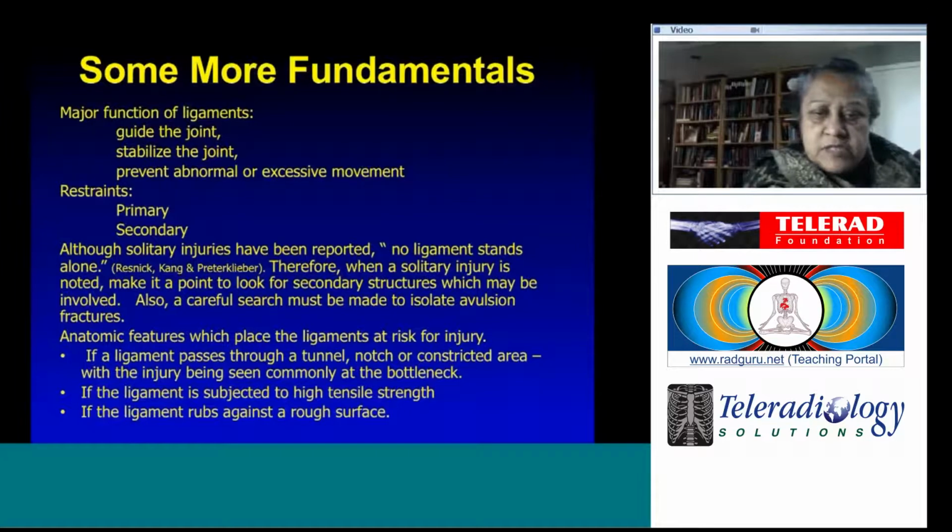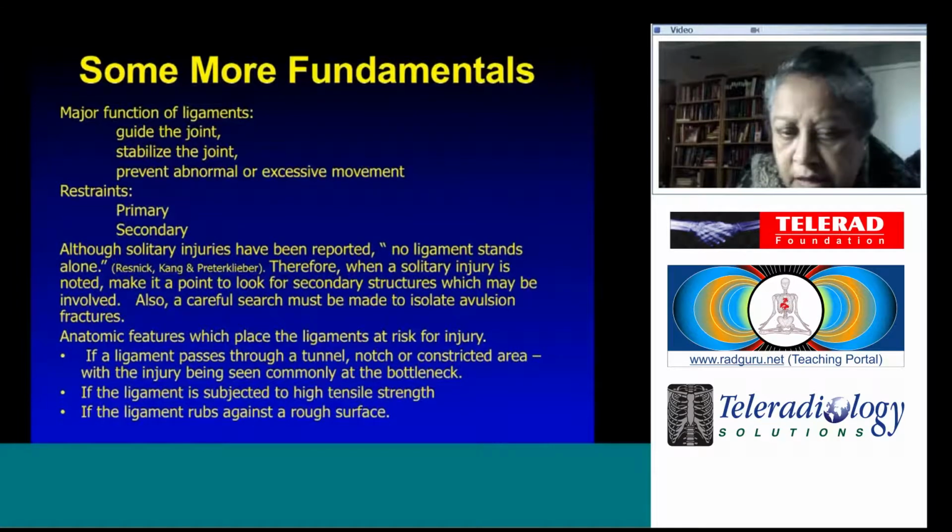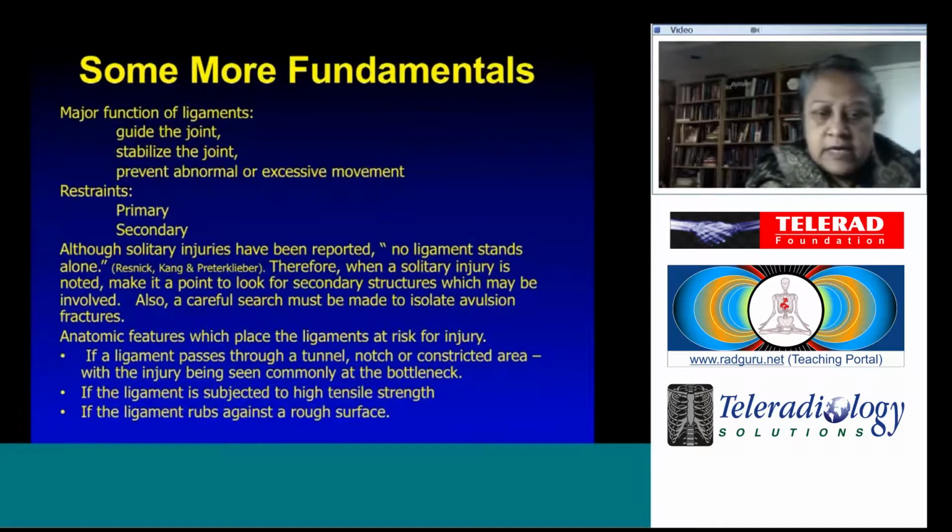Anatomic features which place the ligaments at risk for injury are the following. Please pay close attention to these features. If a ligament passes through a tunnel, a notch, or a constricted area, it's more susceptible to injury, and the injury is seen most commonly at the bottleneck. If the ligament is subjected to a high tensile strength, it's susceptible to injury.